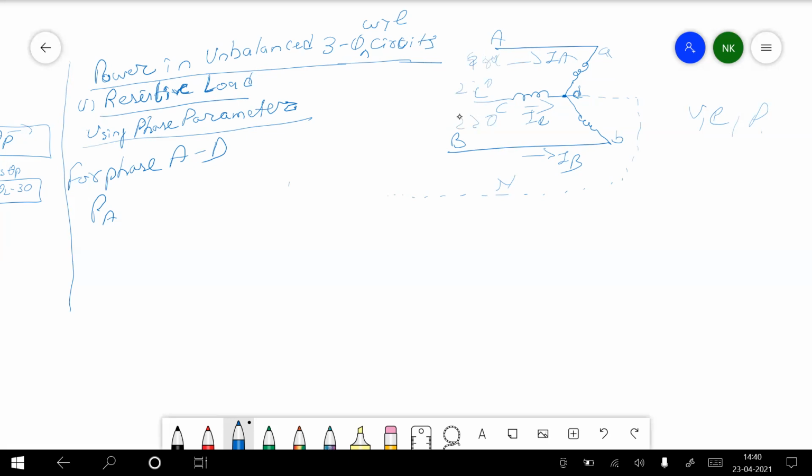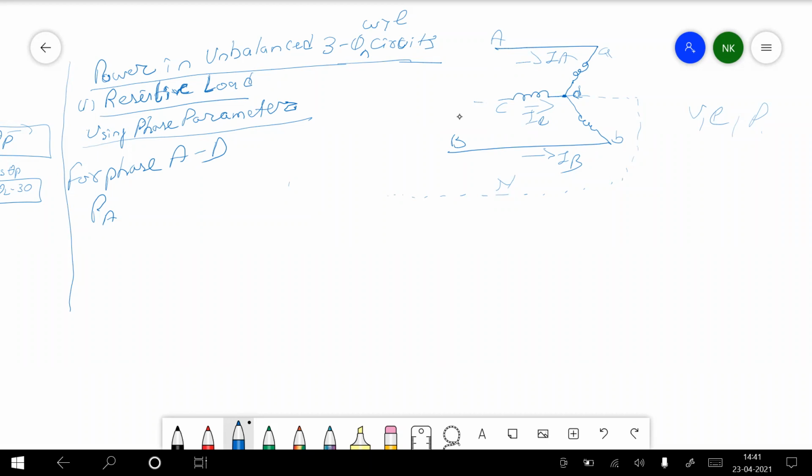This is a balanced condition. But if it is 480 and this is 220 and this is 60, these are unbalanced conditions, be it the magnitude or the phase. Anything could be different, not equal. That condition we call the unbalanced condition. So the power across each phase would be different. We have to calculate each and then add up to have the total power, irrespective of the balanced condition.